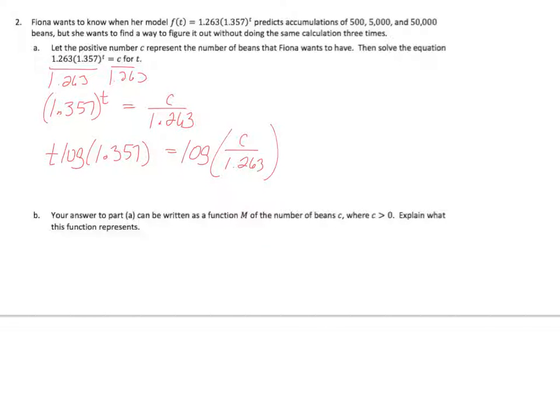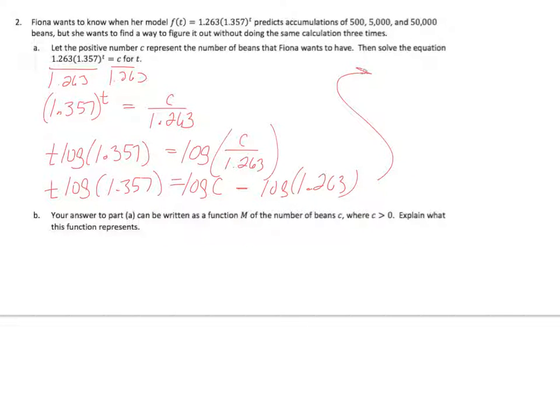Now remember, when we have division and logs, they're actually subtraction. So T equals, nope, sorry, erase. T times log of 1.357 equals log C minus log 1.263. Now I'm solving this for T, correct?